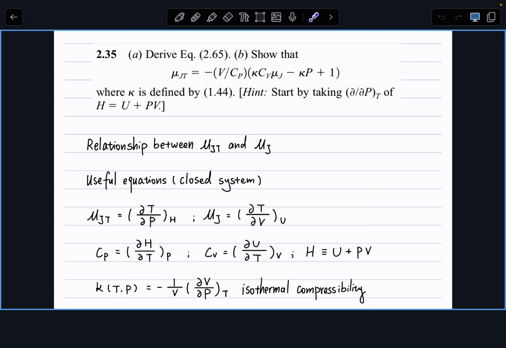Effectively what we're doing is moving these terms to the right. We have dH over dP at constant T; moving these terms to the right and flipping top and bottom, we get dT over dP at constant H times dH over dT at constant P with a negative sign in between, and we get what we want. This one is our mu JT, this one is our Cp.